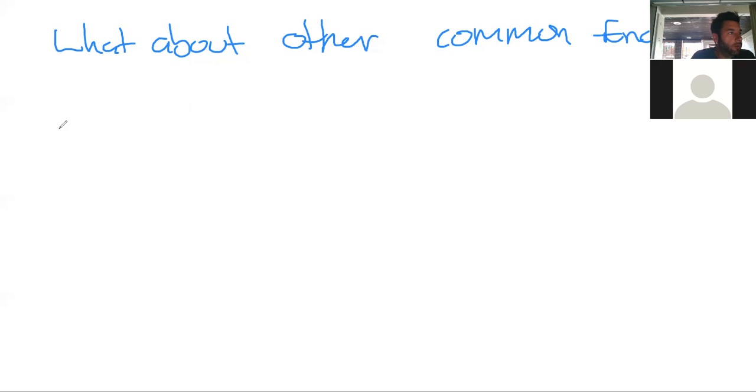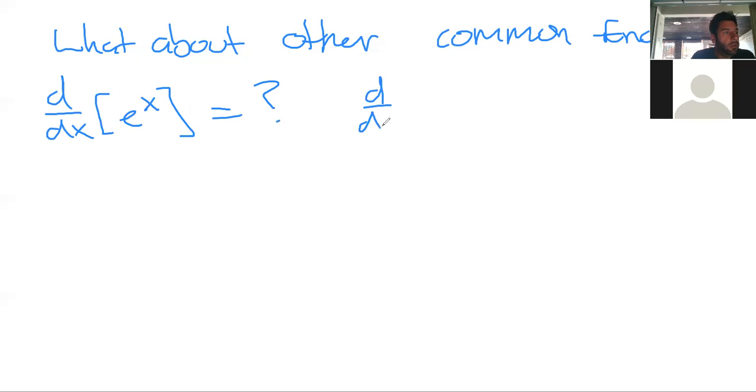So when I say common functions, things like, what is the derivative of e to the x? What is the derivative of sine? Both of these have easy formulas. One is difficult to derive, the other is not. And so what we'll do is we'll derive the simple one, and then you'll just have to trust us that the other one's true.